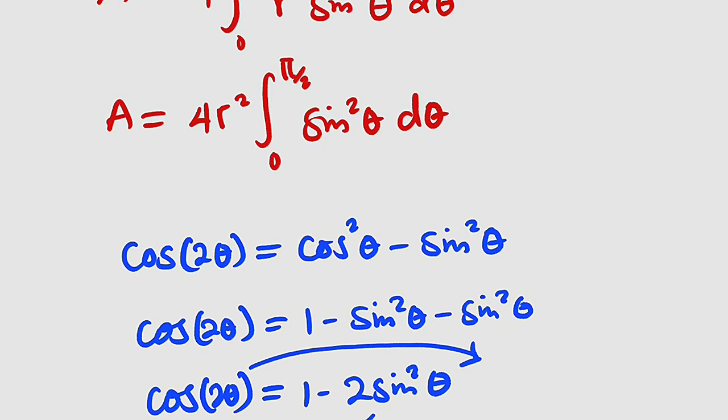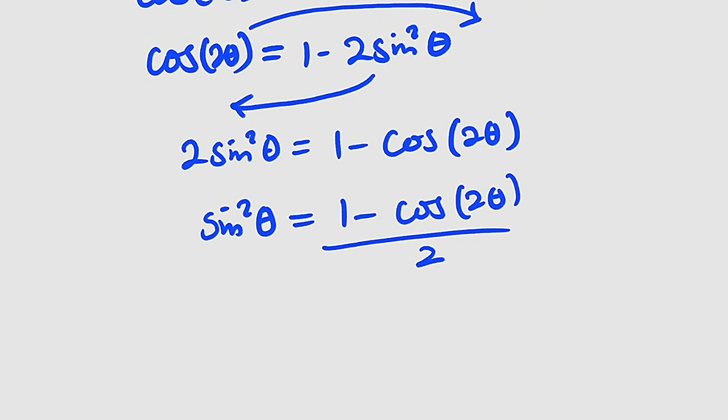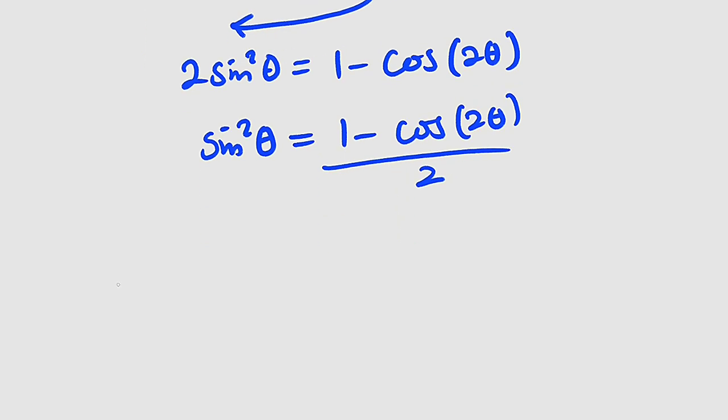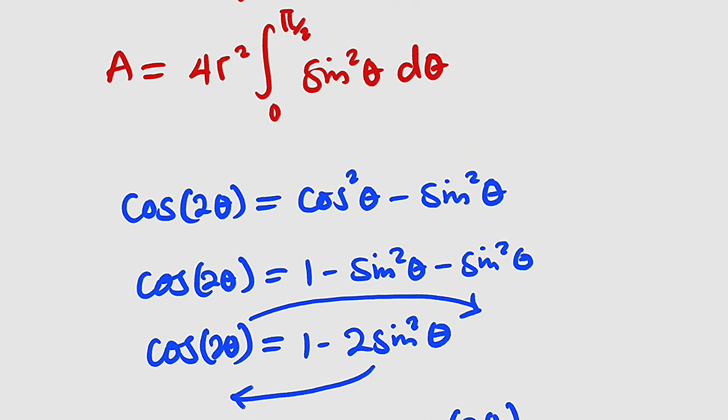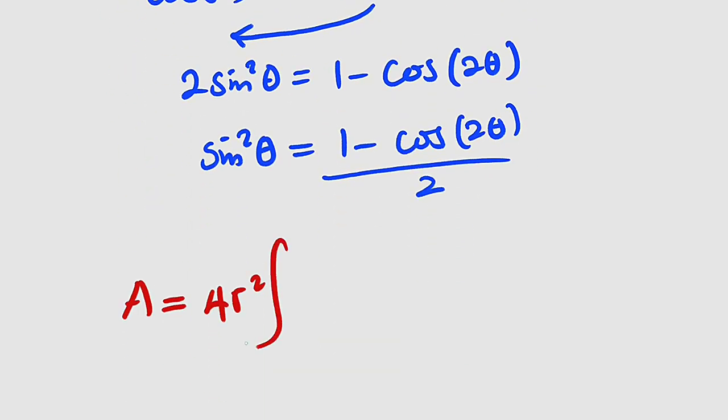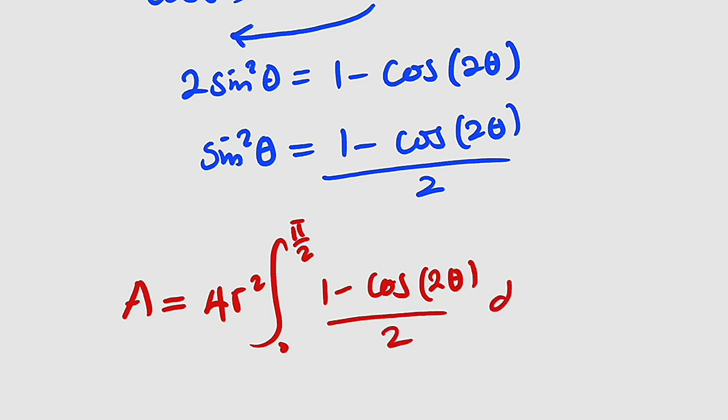So instead of sine squared theta, we can replace it with 1 minus cos 2 theta divided by 2. Therefore, our area A is equal to 4r squared, which we have outside the integral, from 0 to pi divided by 2. Instead of sine squared theta, we have 1 minus cosine 2 theta divided by 2. But don't forget d theta.